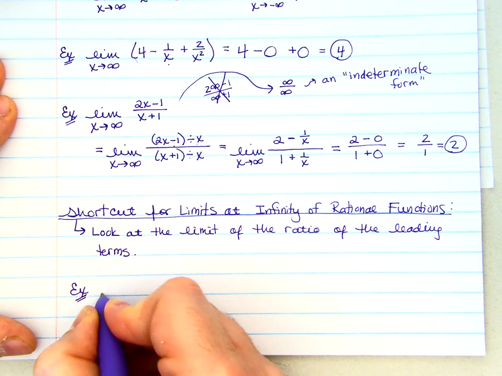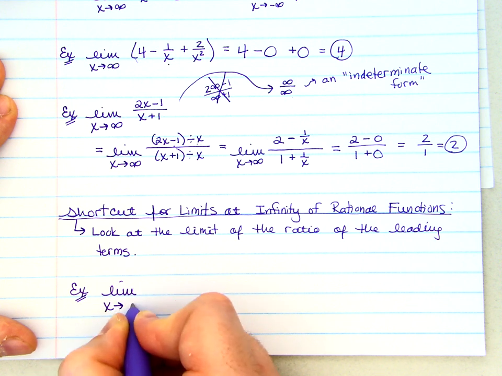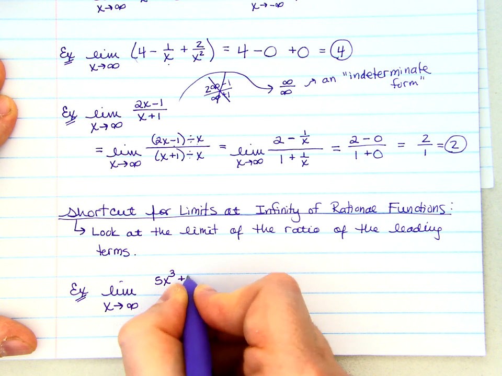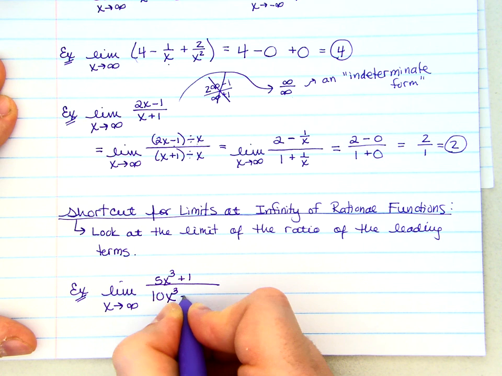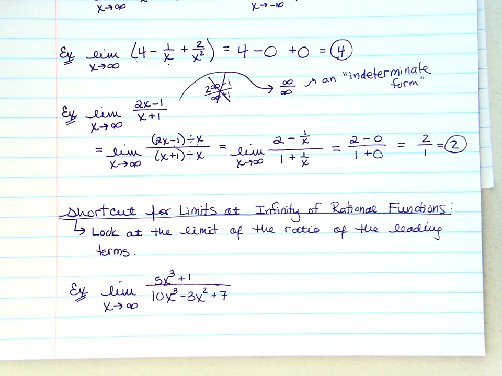For example, the limit as x approaches infinity of 5x cubed plus 1 over 10x cubed minus 3x squared plus 7.